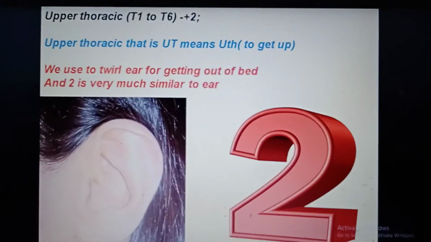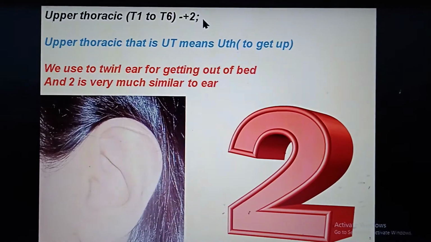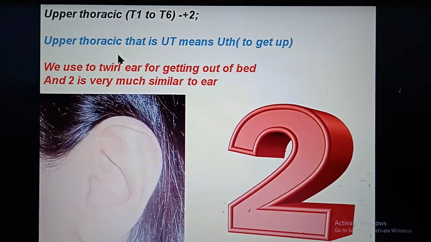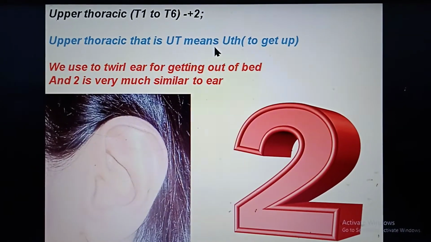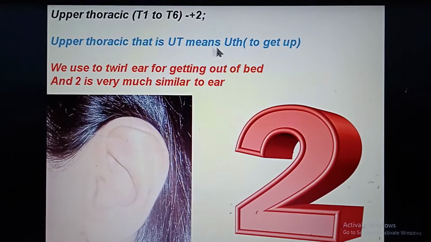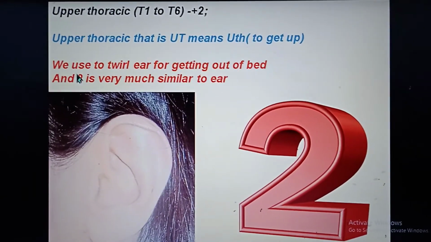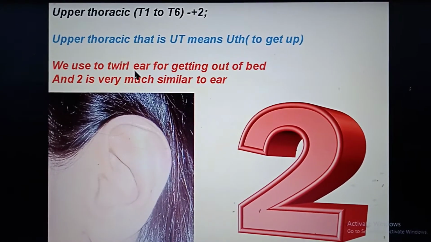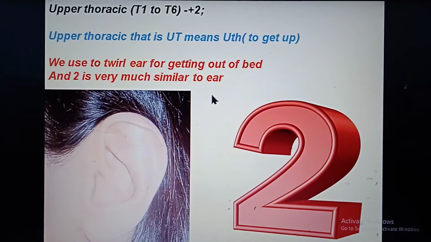Upper thoracic, that is T1 to T6, you have to add +2. Upper thoracic, UT, sounds like ut. In Hindi there is the word ut, which means to get up. We used to twist the ear, कान मरोड़ते हैं, for getting out of bed, and two is very similar to ear.